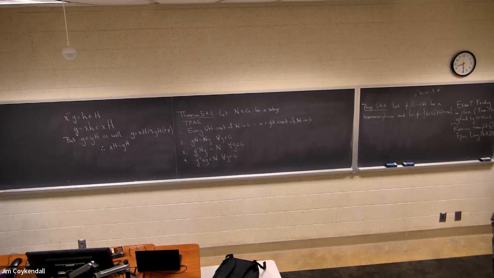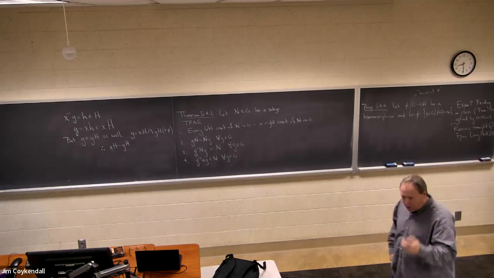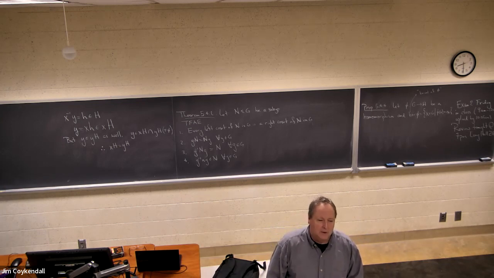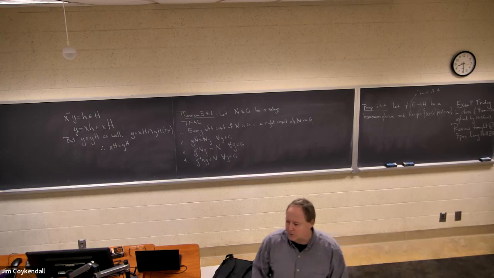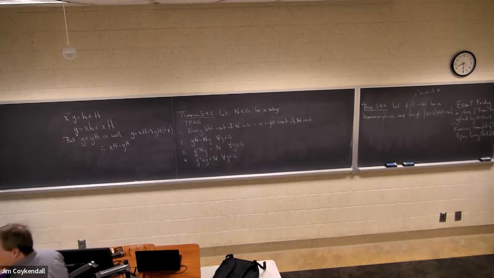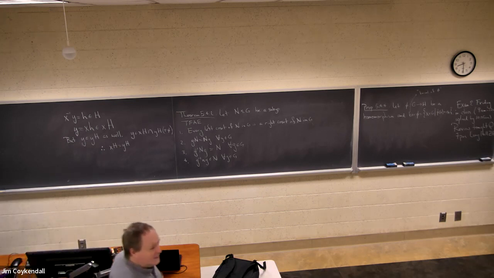So the kernel is all the elements in G that go to the identity in H. Now, the first little alarm bell that goes off is, ooh, what if the kernel is empty? But the kernel is never empty. Can anybody name something that automatically has to be in the kernel if that is a homomorphism? Can you identify anything?